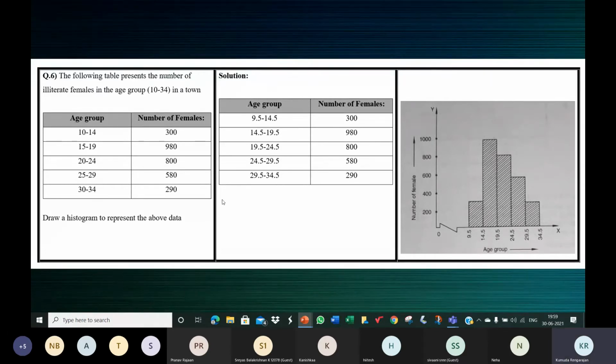Now the class intervals are continuous. And this is how you put up the histogram.